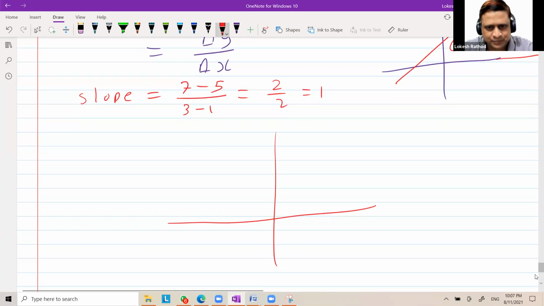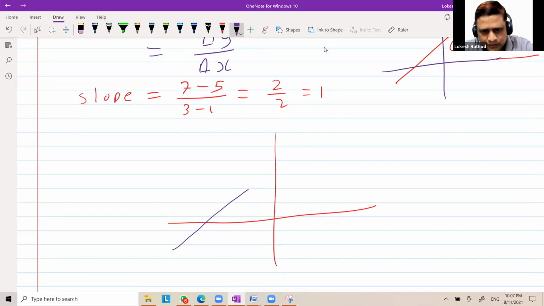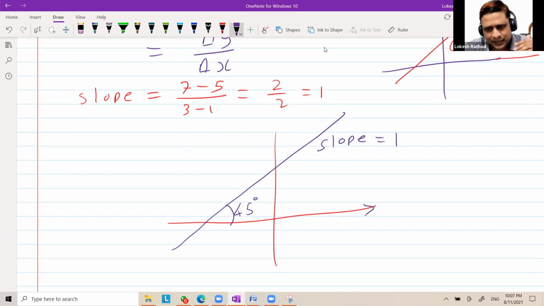Right? Slope is 1. For a quick reference, you can consider it like this. If slope is 1, then this angle will be 45 degrees. Are you getting this? When slope is 1, this angle, meaning the angle the line makes with the positive x-axis, will be 45.